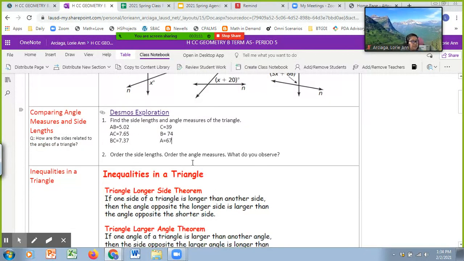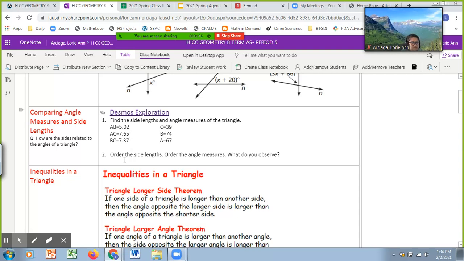Now for number two, order the side lengths and order the angle measures. What do you observe? Okay, before you do that, look at the pattern. What is your longest side? So if we use my example, my longest side is 7.65.